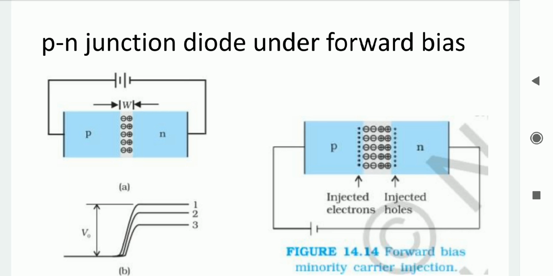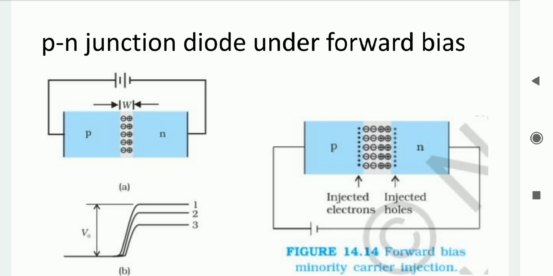So as we increase the voltage from 0 to the built-in potential, the depletion region width gradually decreases and it will be 0 at the built-in potential. So here the forward bias voltage we have is V0 minus V.